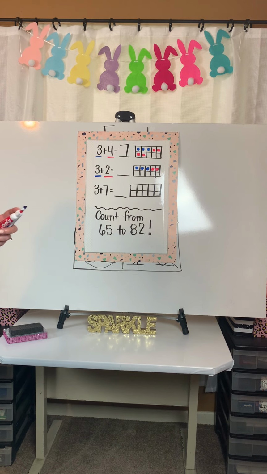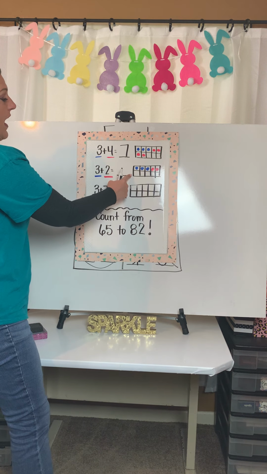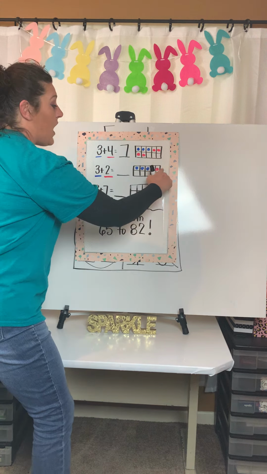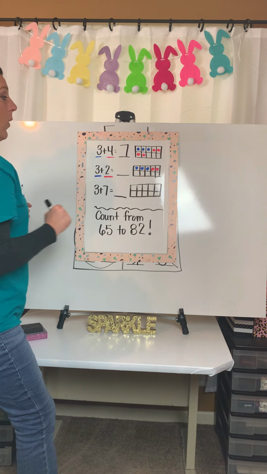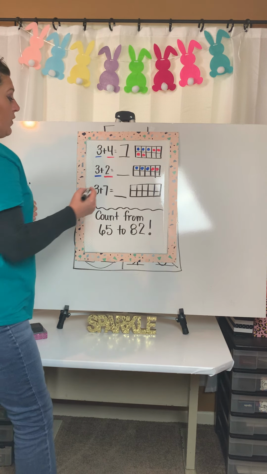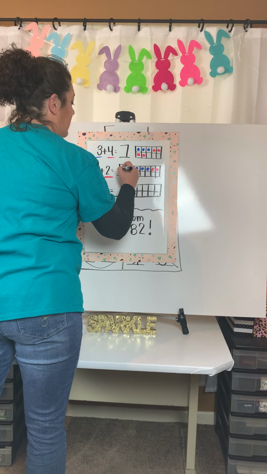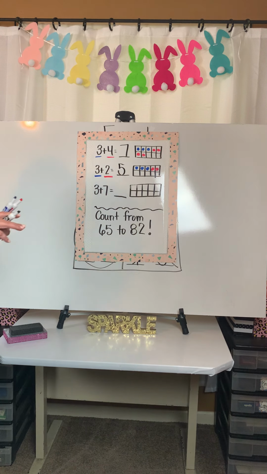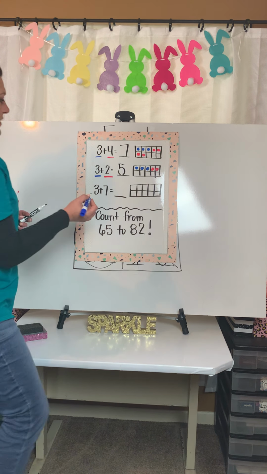Or a quicker way to do it, if we have a tens frame and we know that there are 5 on the top row and 5 on the second row, if my whole top row is full, what is 3 plus 2? 3 plus 2 is 5, right?